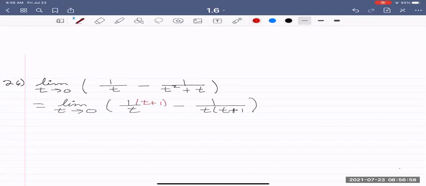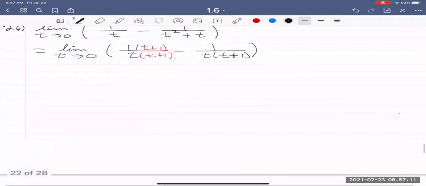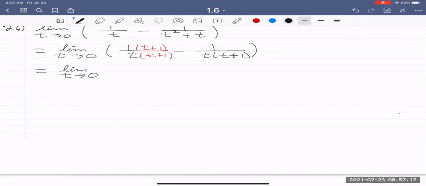So let's multiply and divide by t plus 1. Now what happened there? Okay, so I'll multiply and divide by t plus 1. And so this is equal to the limit as t approaches 0 of t plus 1 is all over the same common denominator, t times t plus 1, minus 1.